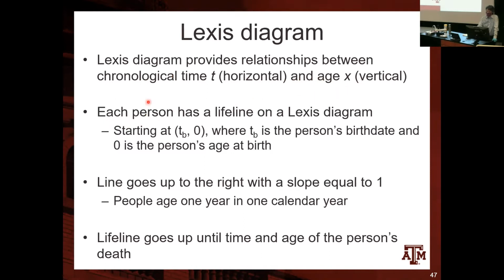If I want to draw a line for each person in this Lexis diagram, each person will have a lifeline. It starts at a specific time B, when the person was born, at age 0. Let me go to the next slide.